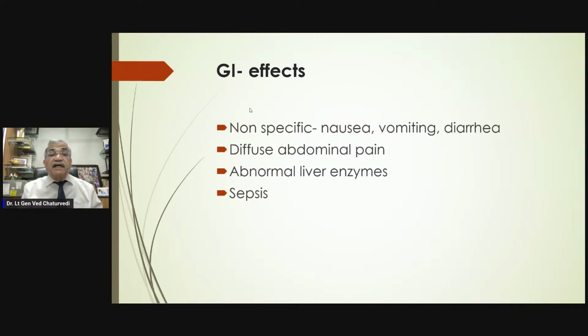So the GI is involved, and they present with abdominal pain. And unfortunately, abdominal pain goes to the surgeon, and if they operate, then mortality is higher. So abdominal pain or nausea, vomiting, they can present, and abnormal liver enzymes also. So you must remember, a lupus patient coming with abdominal pain, it could be because of lupus.